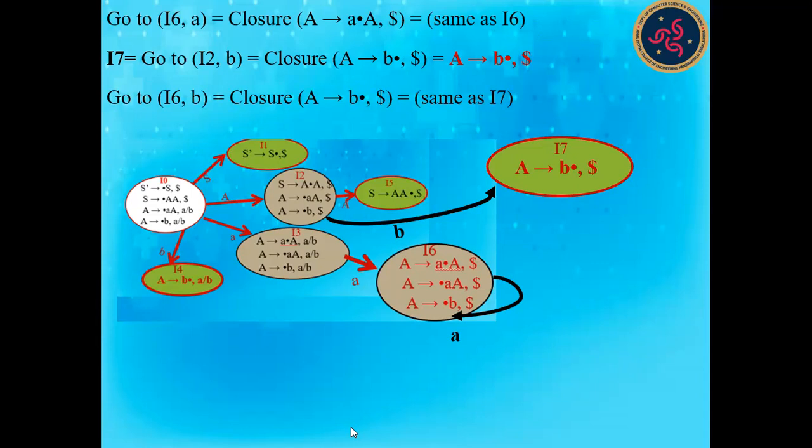So the look ahead is the same. So it moves to the same state, that is I7. So when B comes, from I6 it will move to I7. So when a goto function is applied to I6 upon the variable B, then the state will go to I7.